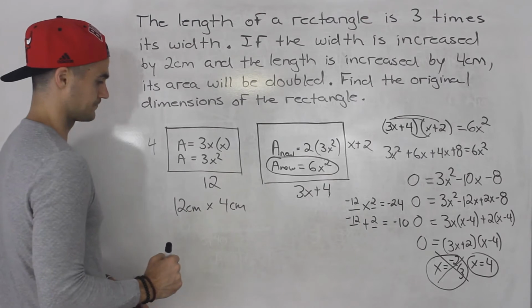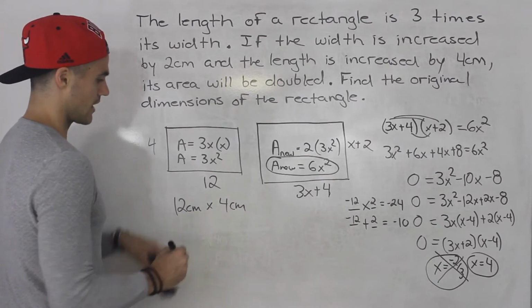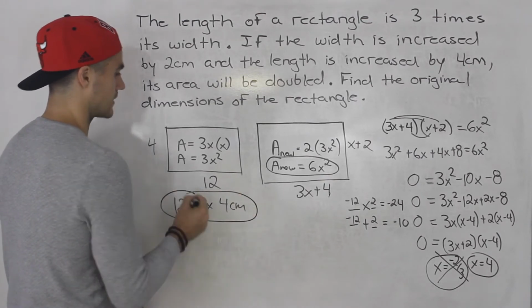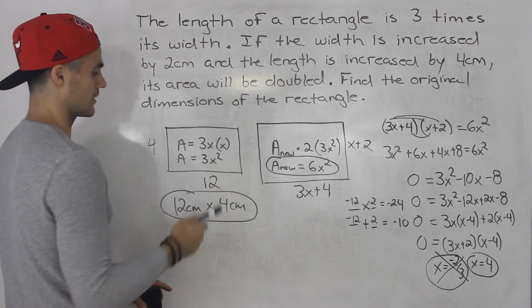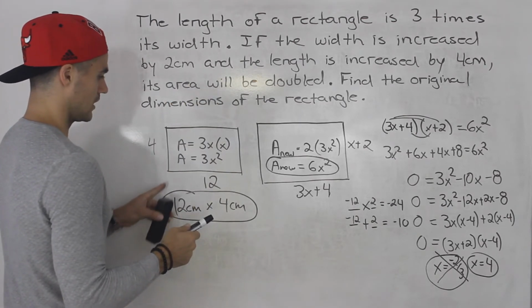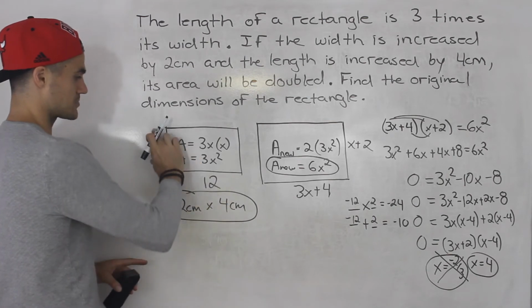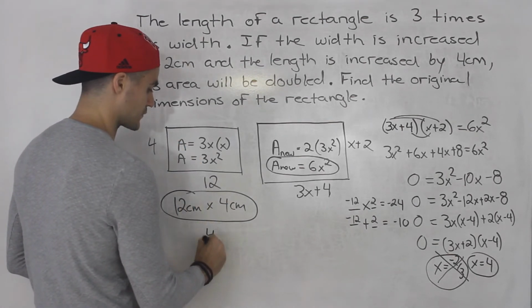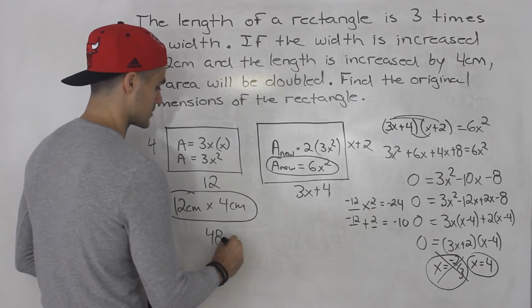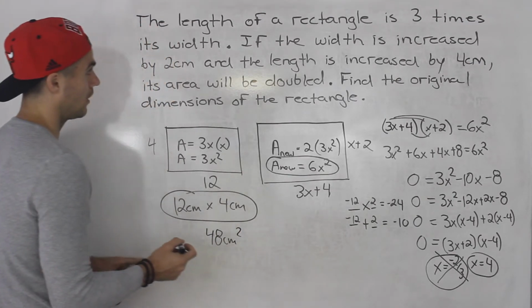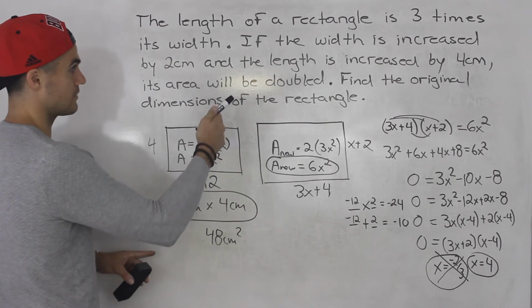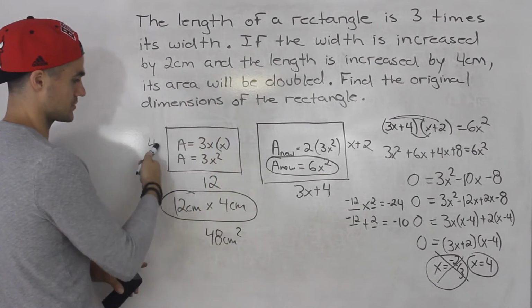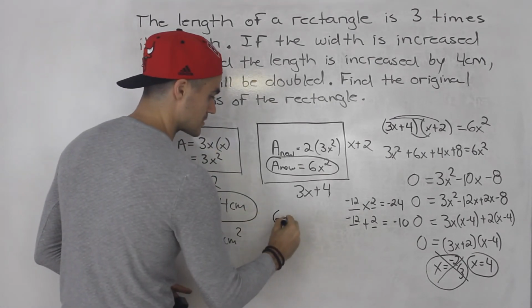Right? Makes sense? And then you can actually check your answer with the scenario. If the original dimensions are 12 centimeters by 4 centimeters, we know the area is 48 centimeters squared. Well, for the new rectangle, the width is increased by 2 centimeters, so instead of 4, we're going to have 6 centimeters as the width.